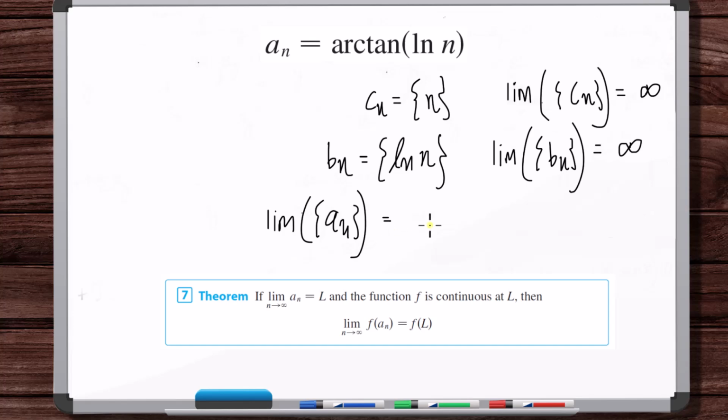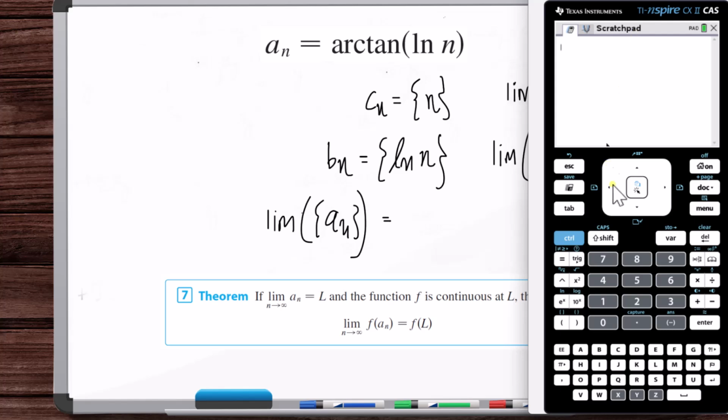You can think of it that way. So I forget what that is. It should be an actual number. Pi over 2.